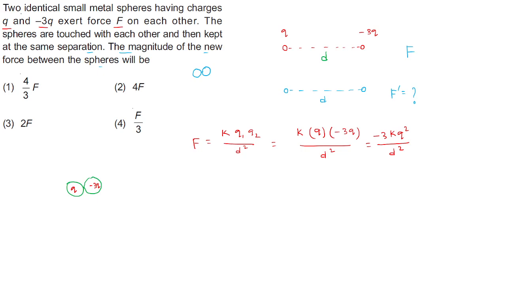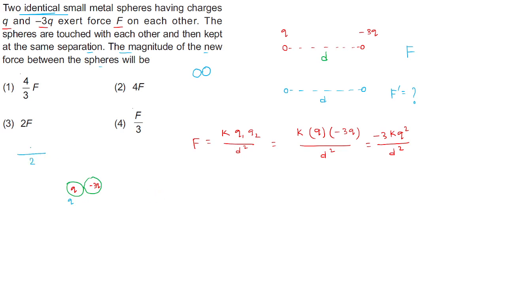Why? Because they are two identical metal spheres. Their potential will be equal when they are touched, and to set the potential equal, the charge on them after distribution will be equal, and that will be half of the total charge.